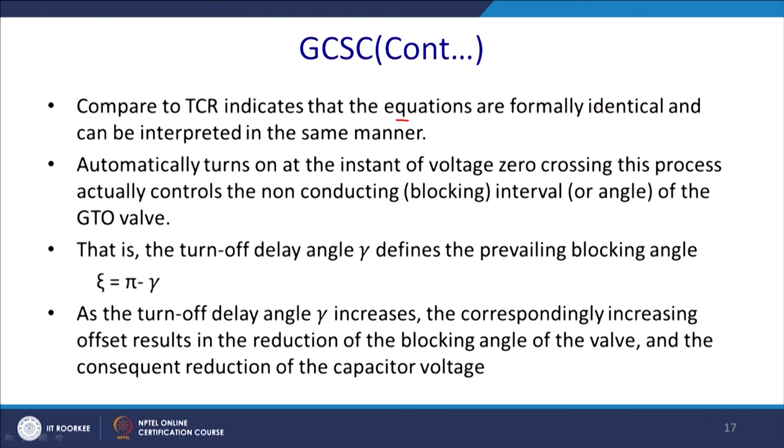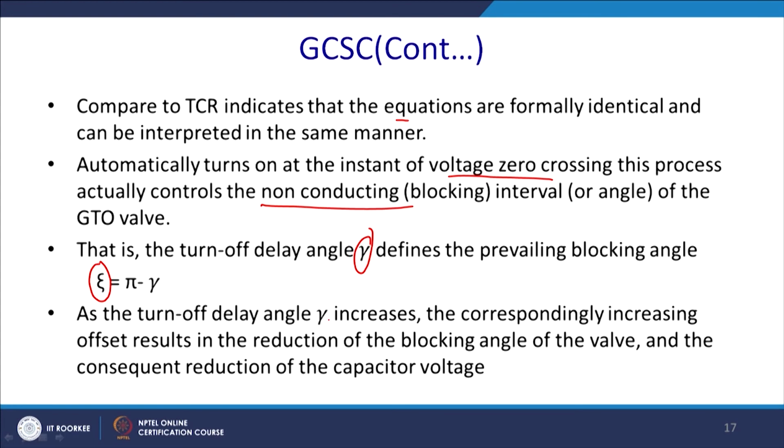So, automatically it turns out that the instant of the voltage 0 crossing, this process actually controls the non-conducting or the blocking interval of the angle of the GTO. So, the turn off delay angle lambda defines the prevailing blocking angle, and there is a conduction angle, that is pi minus lambda.